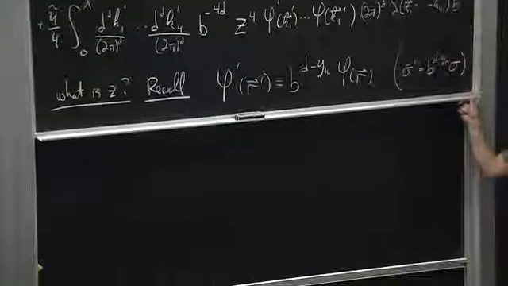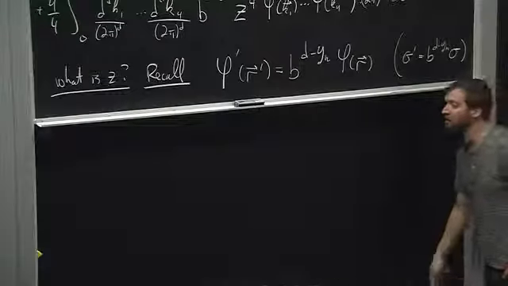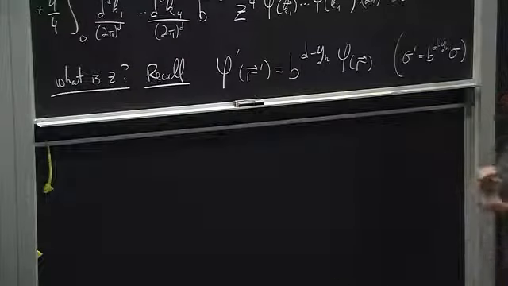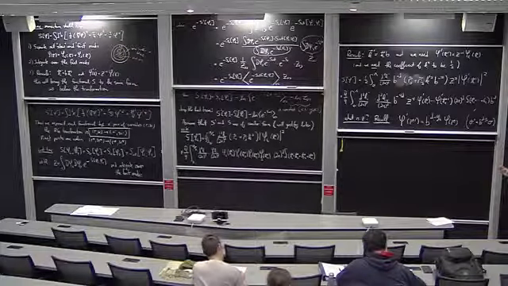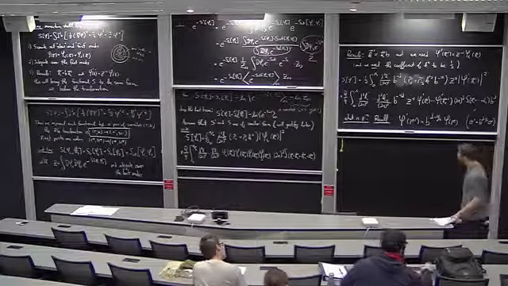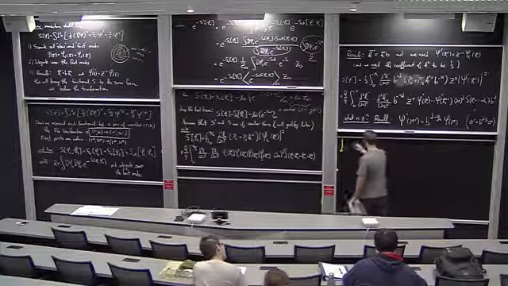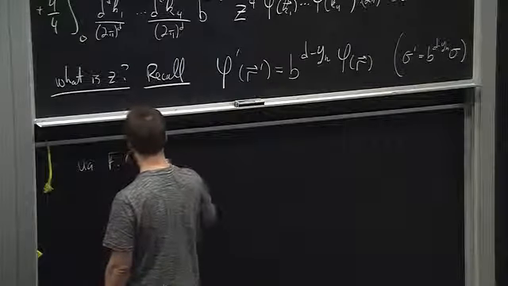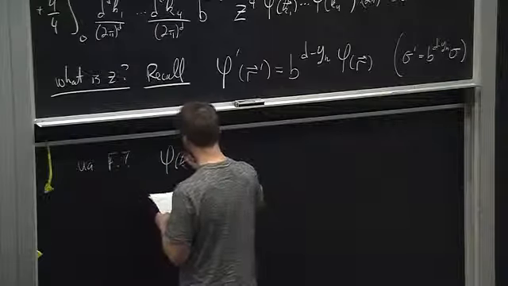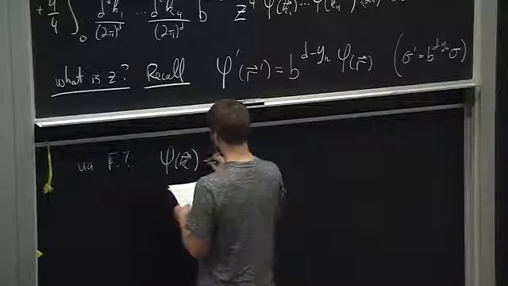Now we're talking about some fields. So I just want to Fourier transform the field. So it's just basically the definition of phi k.